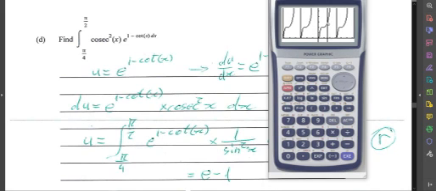Okay, so that's pi over 2 here. Yeah, and that here is pi over 4. Why doesn't it work? Does it work on your calculators?